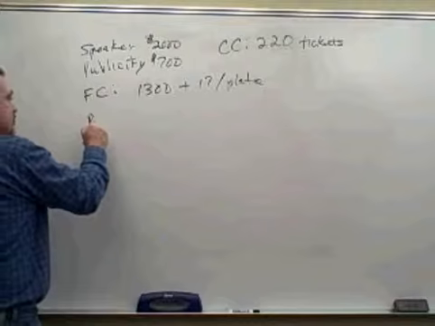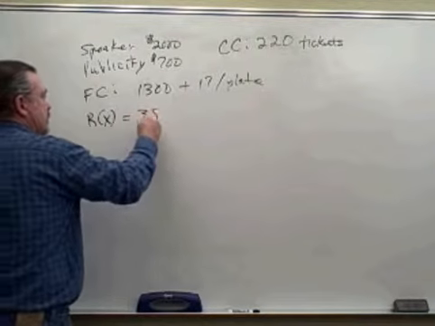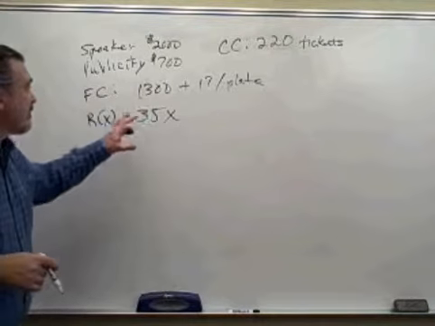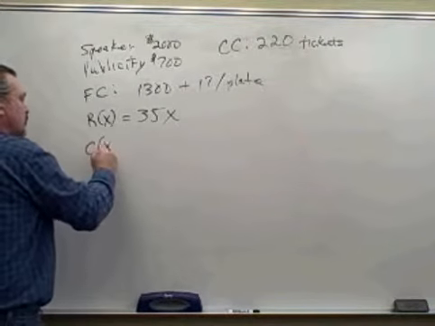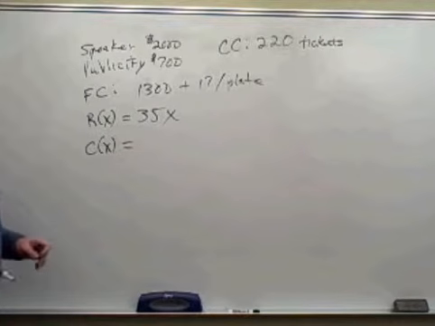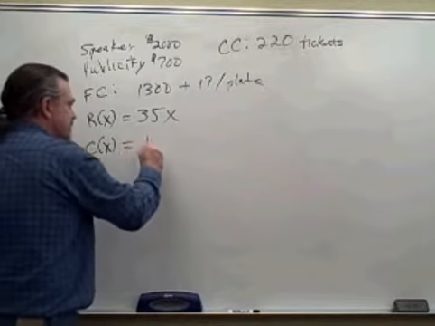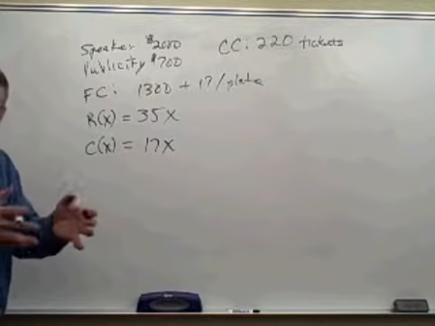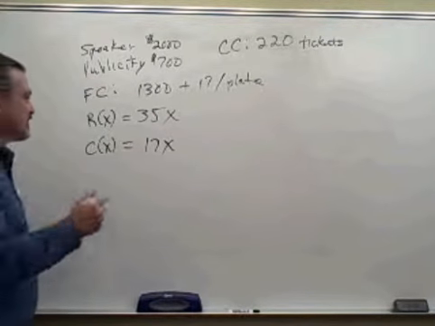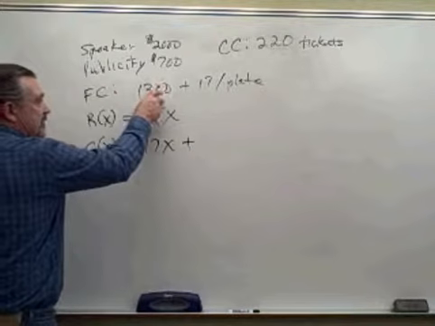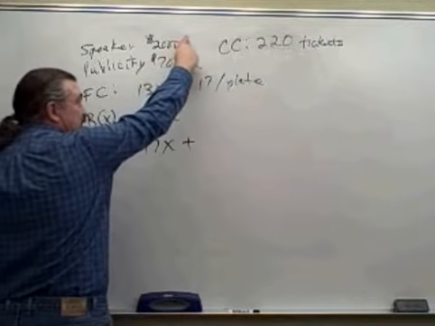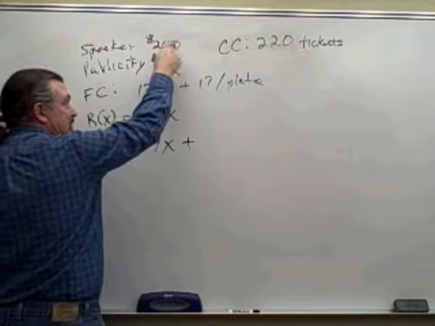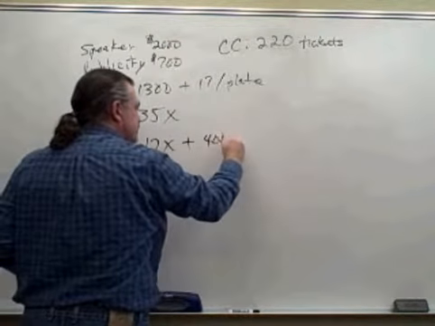Well, our revenue function is going to be the same, isn't it? 35x, we're still selling the tickets at $35 apiece. But now the cost function is different when we go to the Farrell Center. It's $17 a plate. So if x is representing the number of plates, the number of people, the number of tickets, 17x, plus 1,300 plus the speaker and publicity costs, 1,300 plus 700, that's 2,000, plus 2,000 is 4,000.